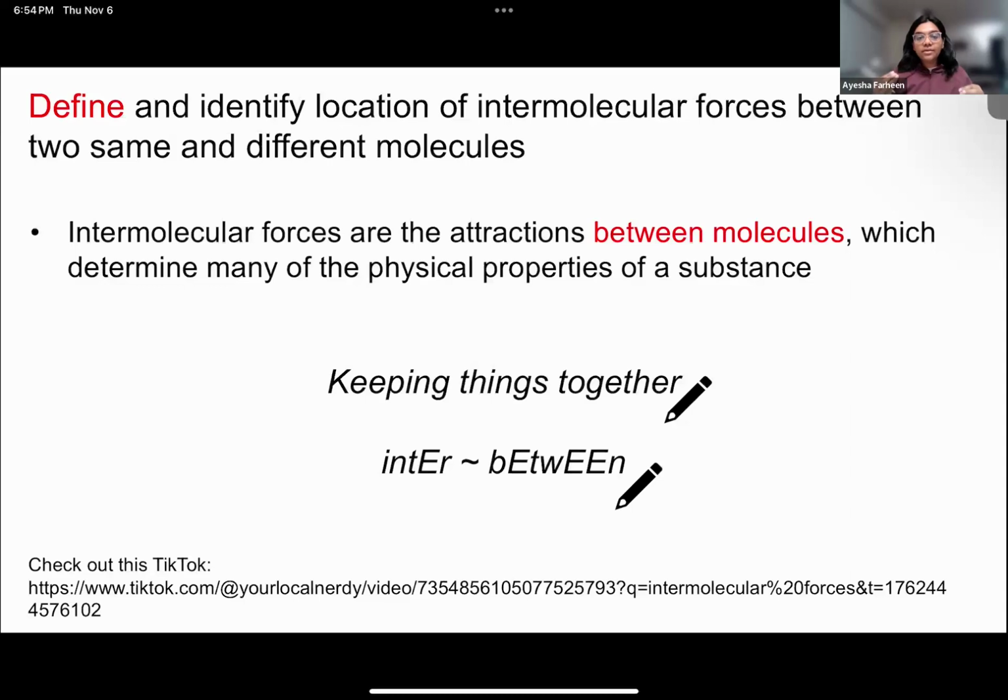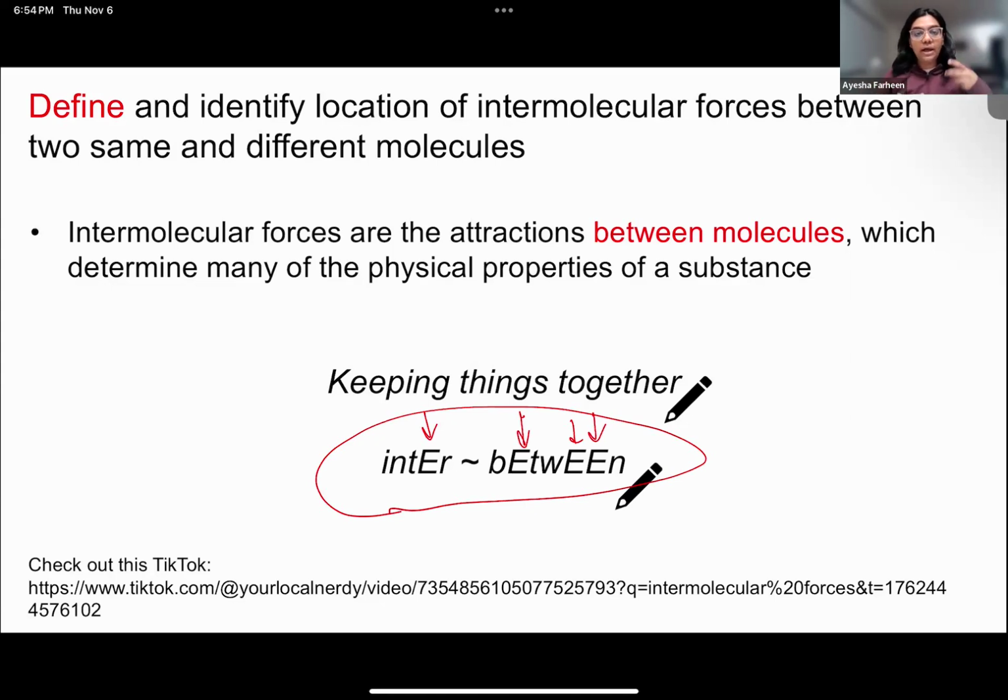Another word is inter. Inter has the letter E in it, and I want you to remember the E's in between. This topic is going to come back time and time again, where I ask you what you mean by inter, between molecules, or intra?